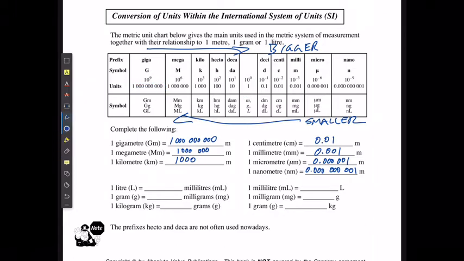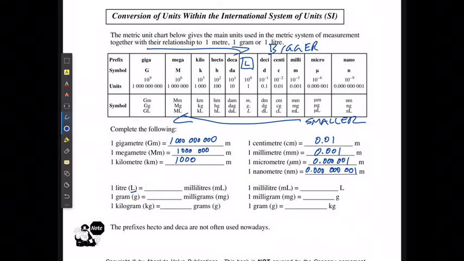If I do it in terms of liters, then I could say that the main part here would be liters, which means that this would be a megaliter, this would be a milliliter, and so on and so forth. The same thing could work for grams, the same thing could work for whatever metric unit we need to use.